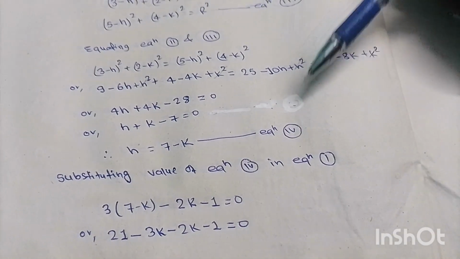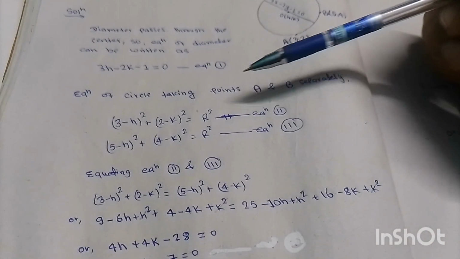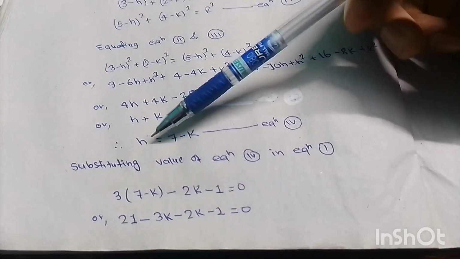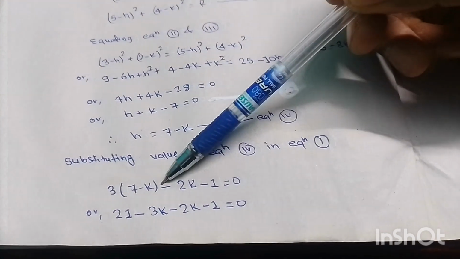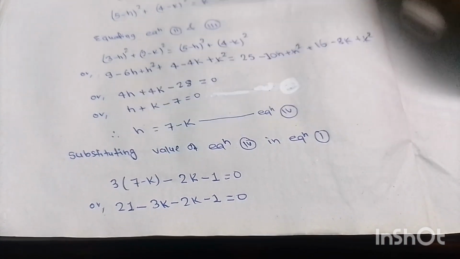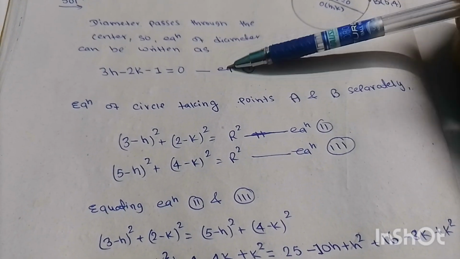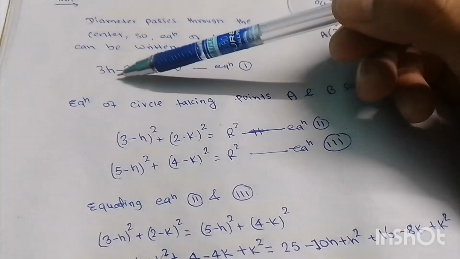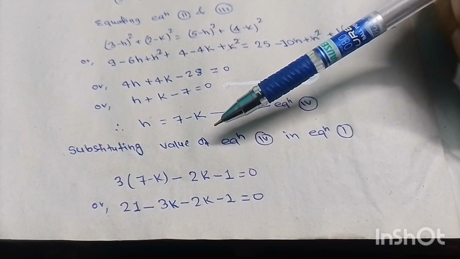Now from equation 4 and equation 1, we can get the values of h and k. So I just kept the value of h in equation 1. Equation 1 is 3h minus 2k minus 1 equals to 0, and in place of h, I kept 7 minus k.